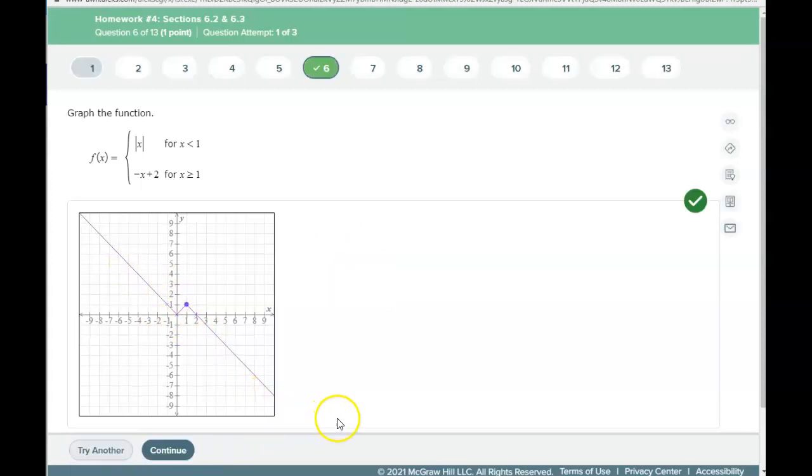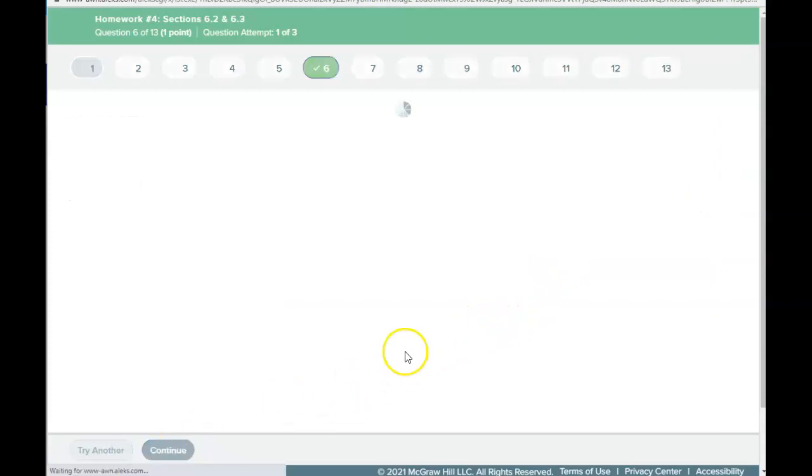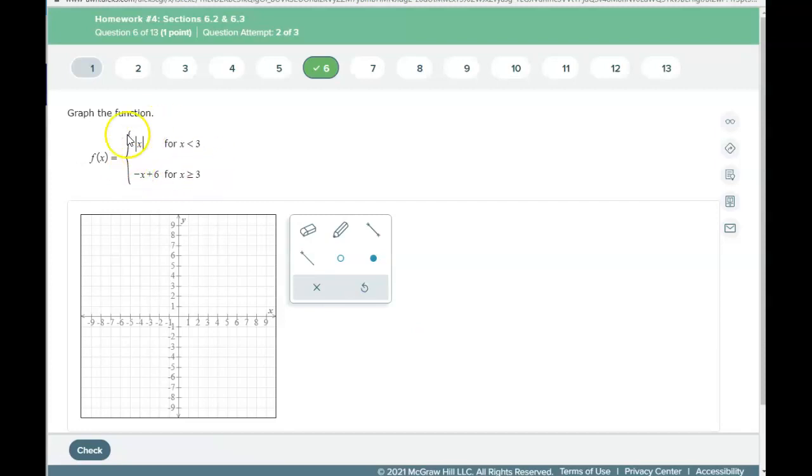I'll check that, and we got this correct. I'll look at another one. It's the exact same thing, except I'm starting over here at 3. So at 3, I'm going to have an open circle at the absolute value of 3, which would be 3. Then I want everything less than 3 to be in this absolute value, so I'm going to grab my line segment again.